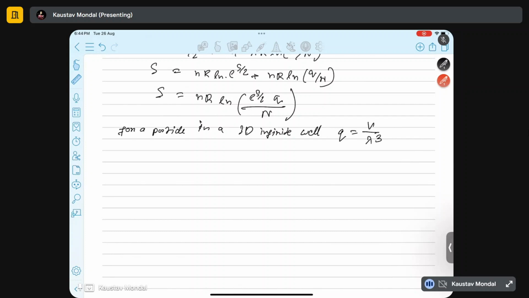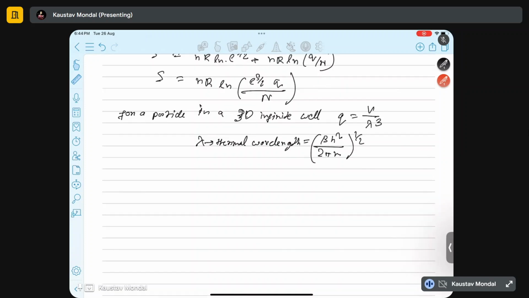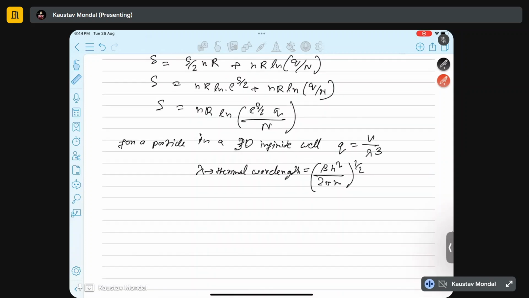V is the volume of the 3D container, and lambda is the thermal wavelength, given by the equation h over 2 pi m kT whole to the power half. The cube comes because we are considering a 3D system.